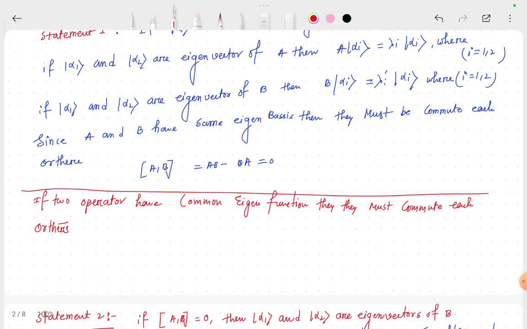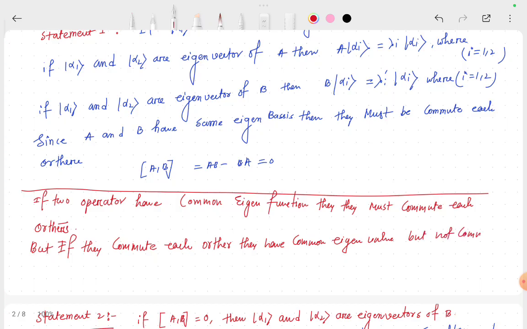But if they commute with each other, then they have common eigenvalues but not necessarily common eigenfunctions. Please remember this important statement.